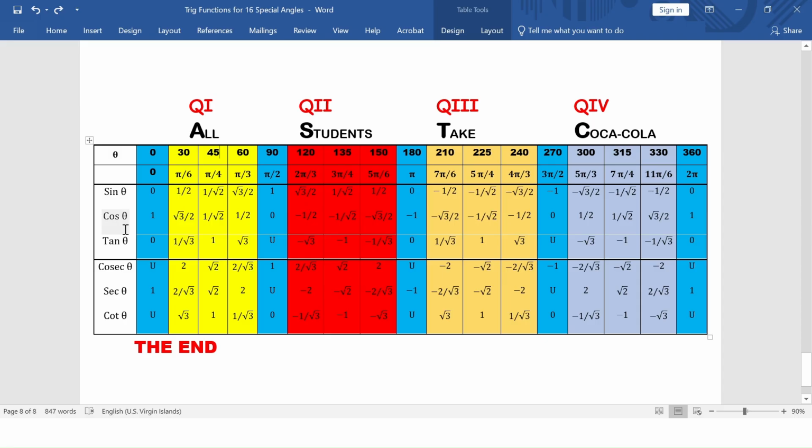In quadrant 2, only sine, and its reciprocal, which is the cosec, will be positive. In quadrant 3, only tangent, and its reciprocal cotangent will be positive. In quadrant 4, only cosine, and its reciprocal, which is the sec, will be positive. The rest will be negative.